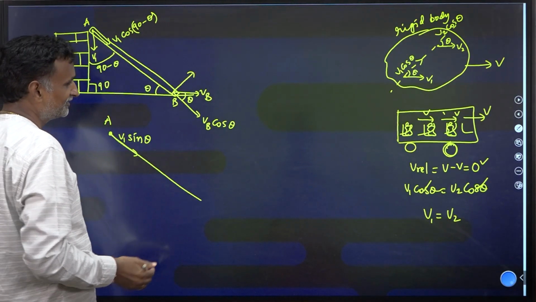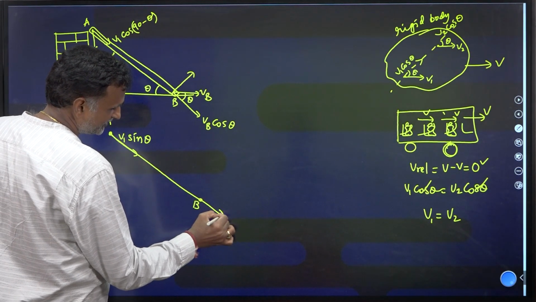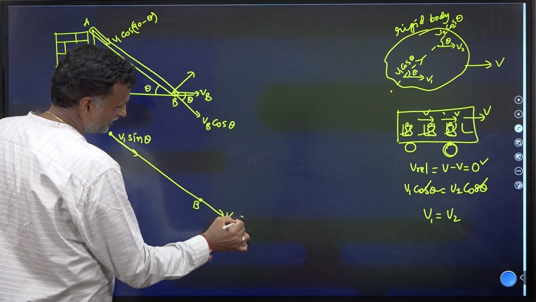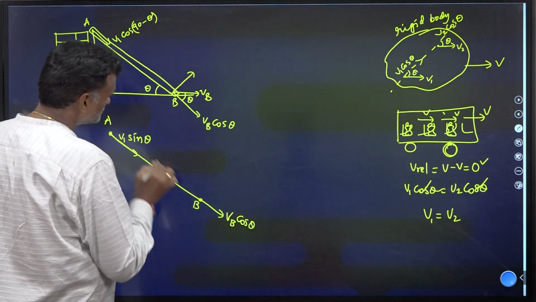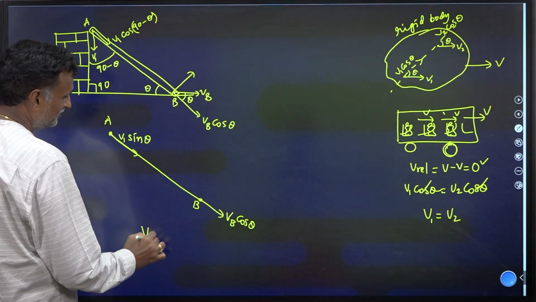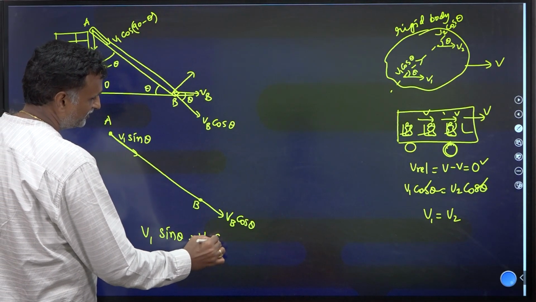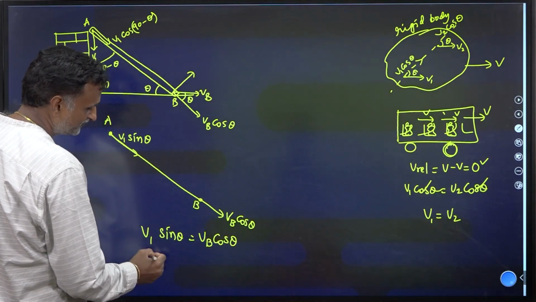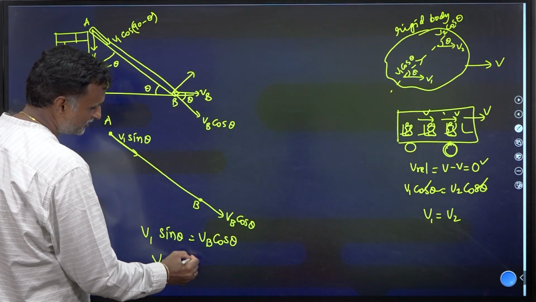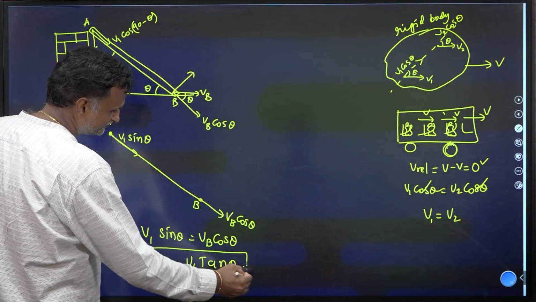So V1 sin theta, and this is the rod and end B. In this direction how much? VB cos theta. So these both must be equal. So we can take V1 sin theta equal to VB cos theta. Finally, VB equals V1 tan theta.